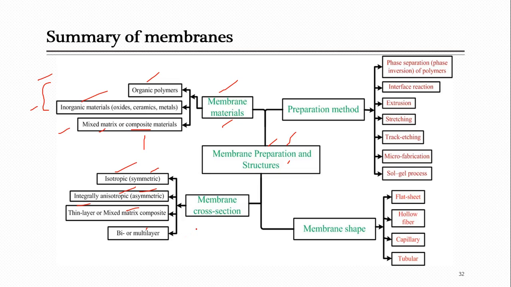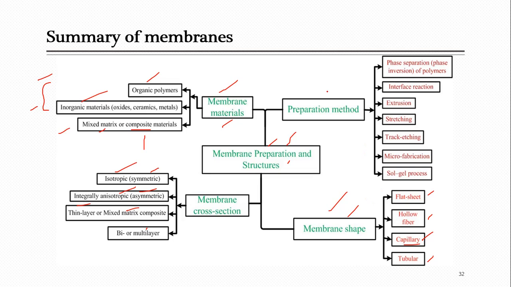You have seen some of these types in various slides. After this comes their shape and how they are moduled: flat sheet, hollow fiber, capillary or tubular. We didn't talk about capillary, but from the name, they are small size tubes, smaller than hollow fiber and tubular in diameter.